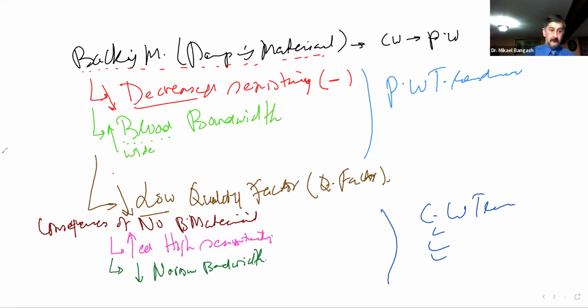Did that make sense? And last but not least, if the consequence of adding a backing material was a low quality factor or low Q factor, then not having a backing material is going to give us a great or high quality factor, or Q factor.